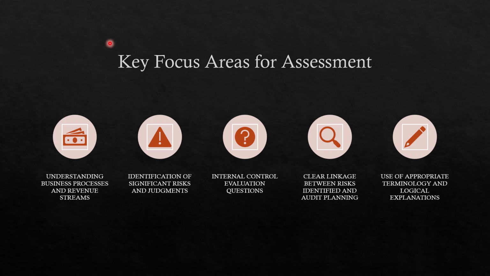At this stage, the auditors should focus on areas where risks are more likely, such as complex transactions, estimates, or areas prone to management judgment. ISA 315 encourages auditors to constantly reassess risks as new information becomes available during the audit.